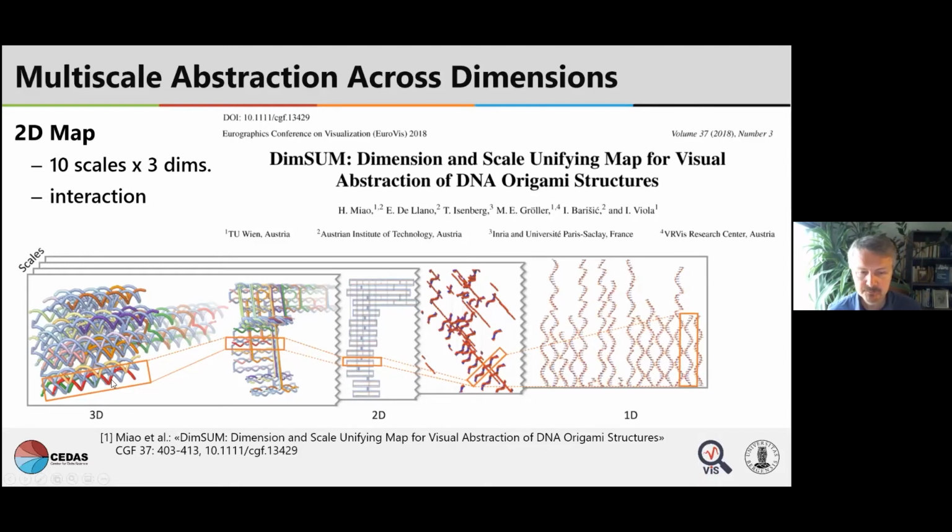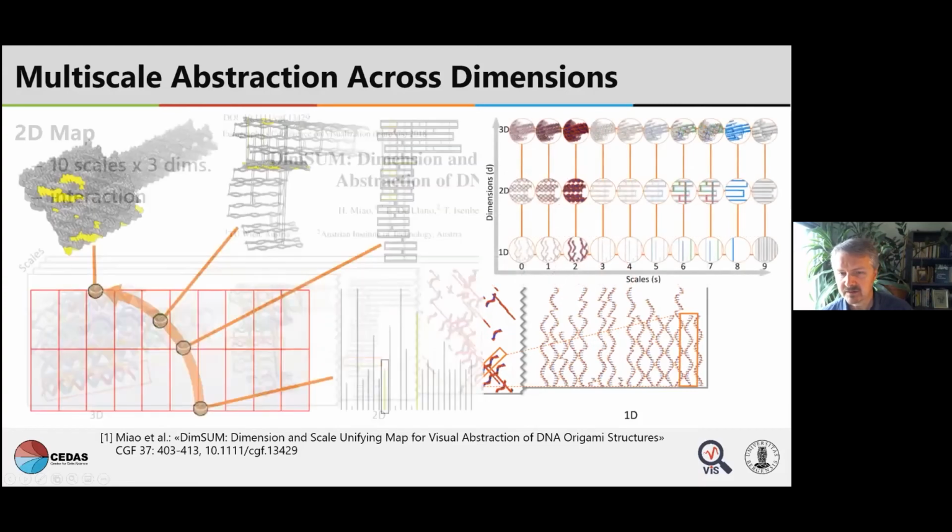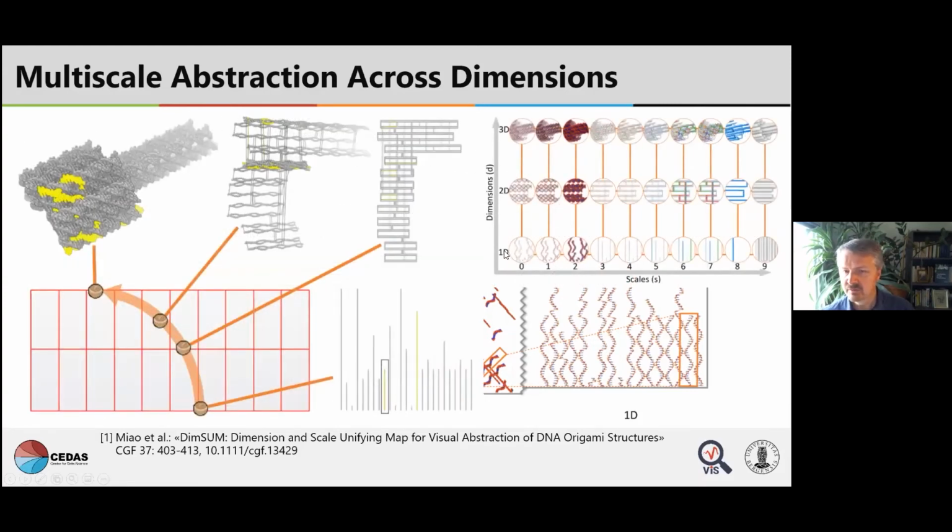So here we see on the left a 3D representation, and on the right we see a 1D representation that is much more abstract, and this can be related to each other across the different scales and the dimensions. So here you have an overview of this map. On the very left, you have the most detailed model. On the right, you have the most abstracted one. And then you have representations in 1D, 2D, and 3D.